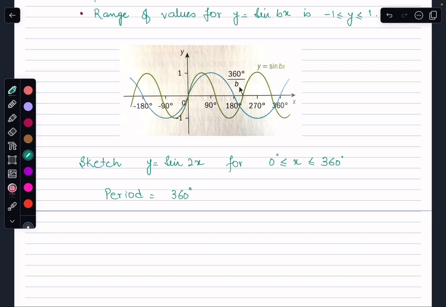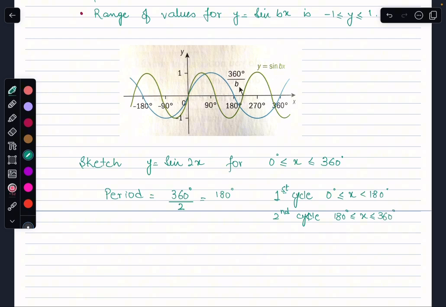So if it says y equals sine 2x, then I should be dividing by this value of b, which is 2 in this case, and this period gets squeezed to 180 degrees, meaning it's the first cycle for the sine function, which should be in the domain of 0 to 180 degrees, and we can sketch the second cycle from 180 degrees to 360 degrees.